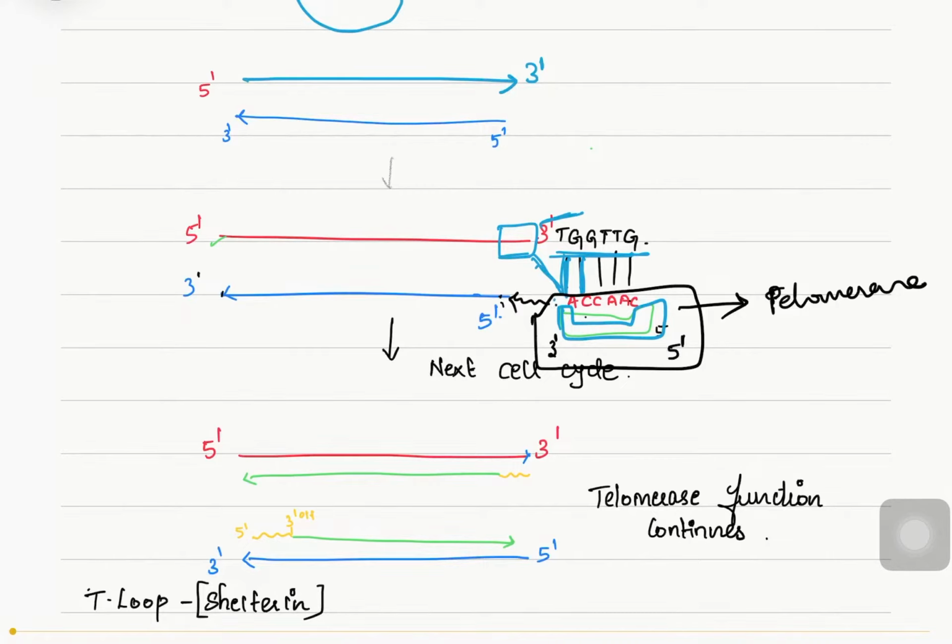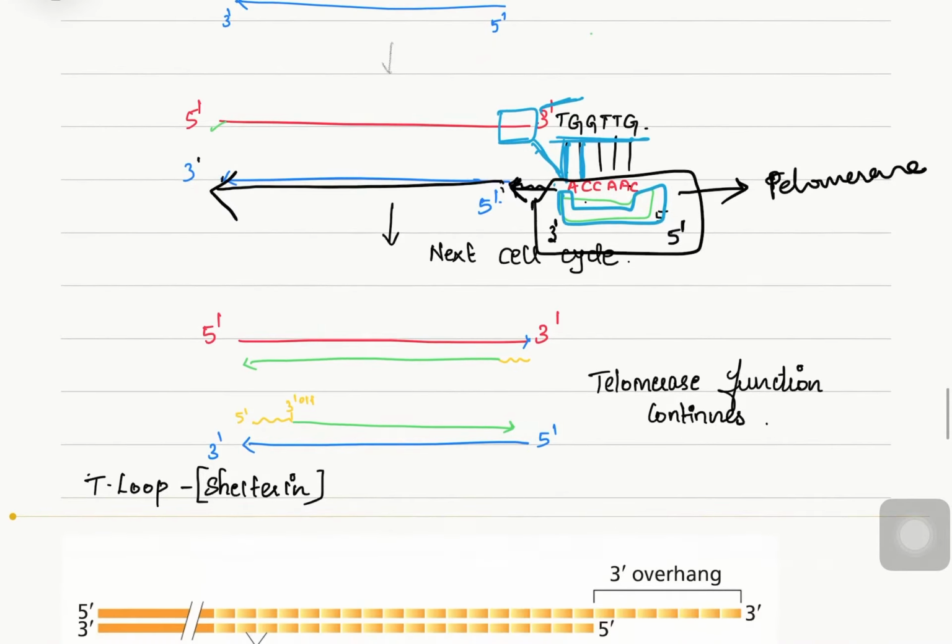Okay, so now the strand is synthesizing in 5 prime to 3 prime direction. Similarly, during the next and next cycle, this telomerase will move a little bit towards the other end, and the function of telomerase will continue and the strand lengthening will also continue.